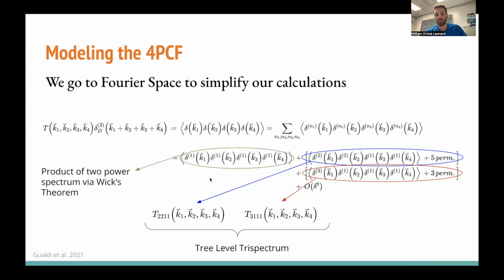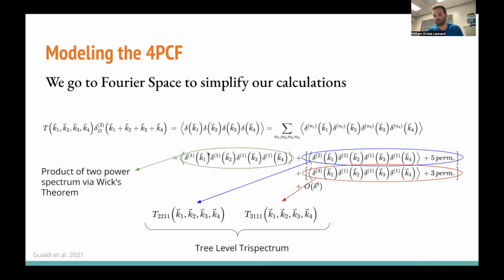If we look at the first term, we basically have a product of 4 first order density contrasts, which are going to be Gaussian random fields. If we use Wick's theorem on these Gaussian random fields, it allows us to split them into products of power spectra, which means for us, since the power spectra are well known, we don't want to study this specific term.